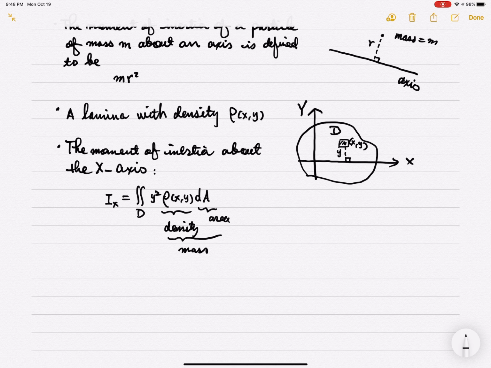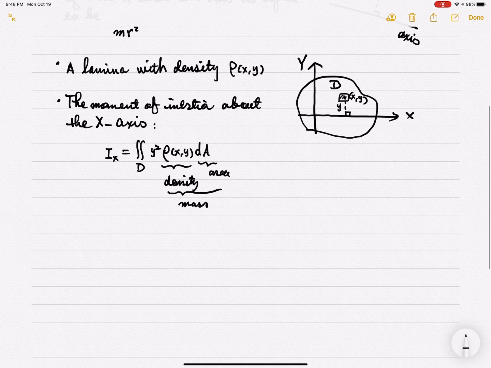Now if you add all the pieces up and take a limit, as the size of the small patch goes to 0, if the limit exists, that's the double integral. Based on the definition of the definite integral, we have this. The book has the limit of a Riemann sum, but here we just directly give you the definition.